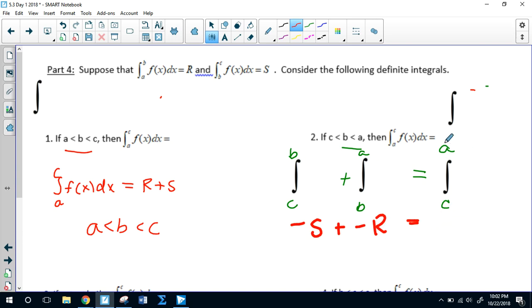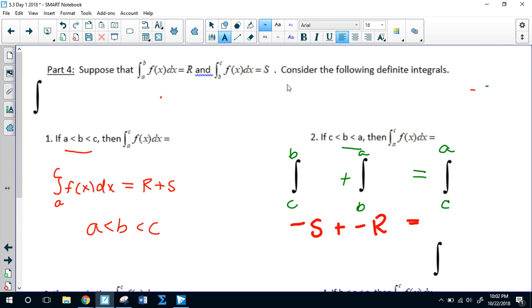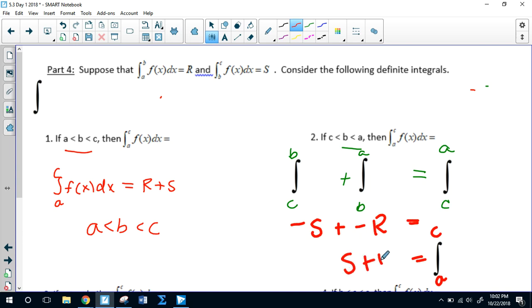So if I want to switch the order around, so I want it to be the integral from A to C, this would be equal to the opposite of what I have written here. So instead of it being negative s plus negative r, it becomes just s plus r, or r plus s if you prefer. This is the thing going in the opposite direction.